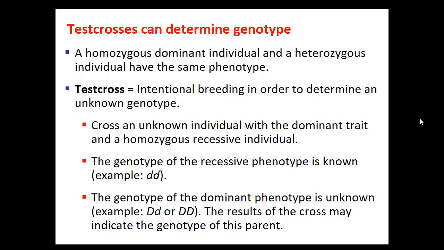So big, little, little, little. So if this person's genotype was big B, little b, and we cross them with somebody little b, we would expect, according to this, half big B, and half little b, right?